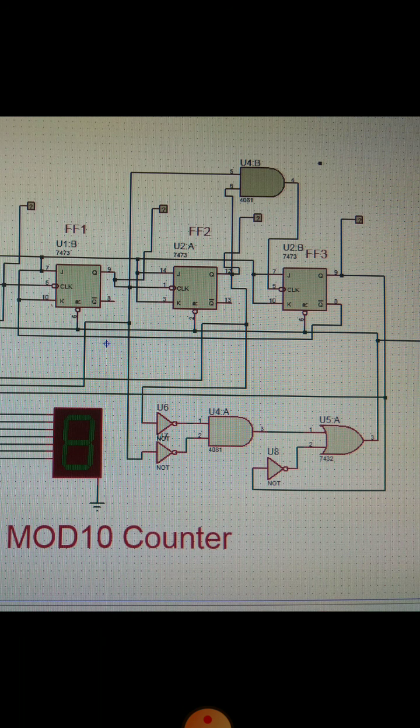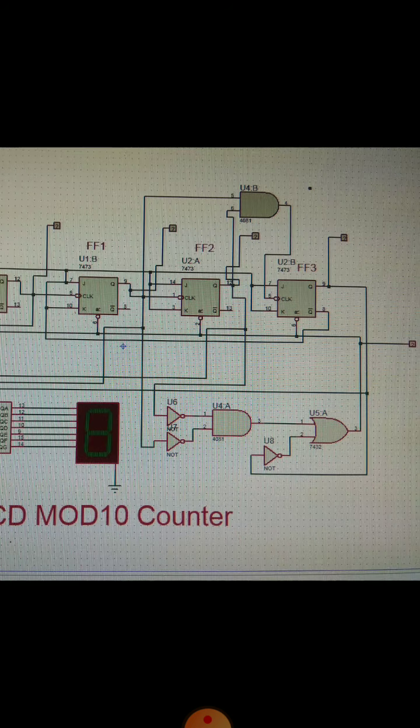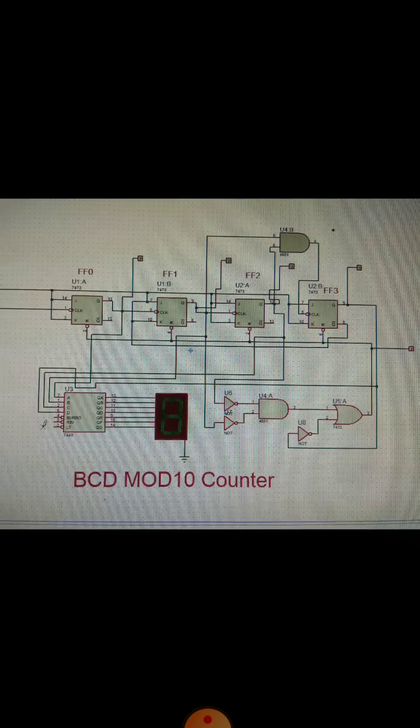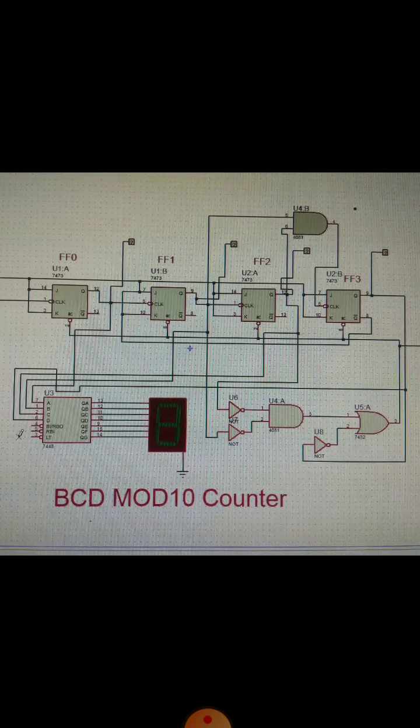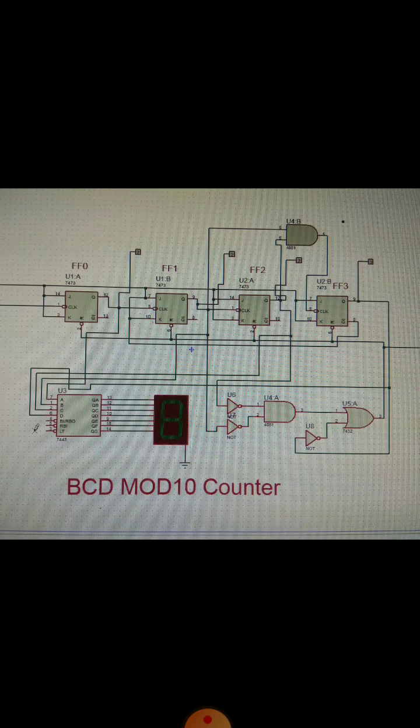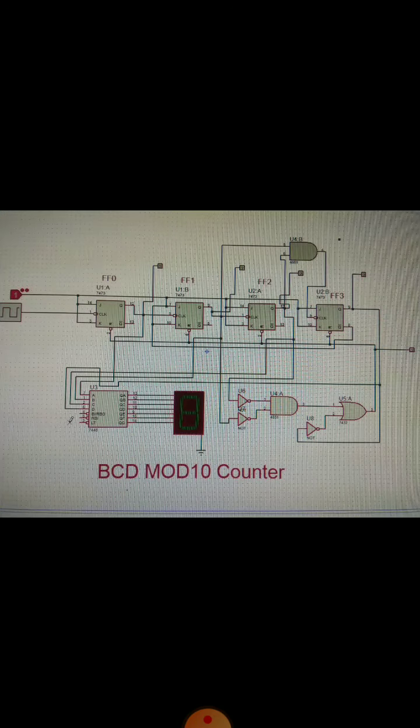So once the count approaches 9, after that it resets the logic and the count begins from 0 again. So this is your complete BCD mode 10 counter circuit. I will share a small video of the simulation.